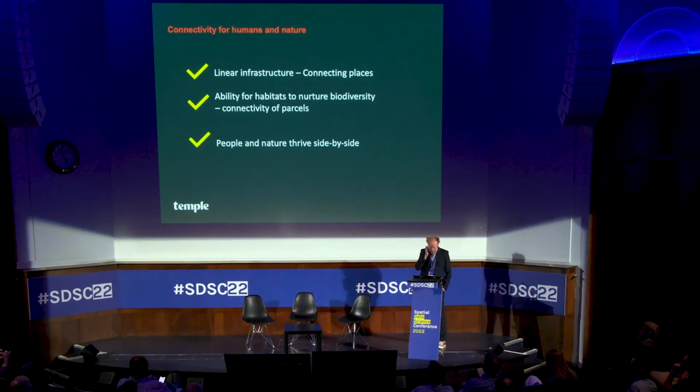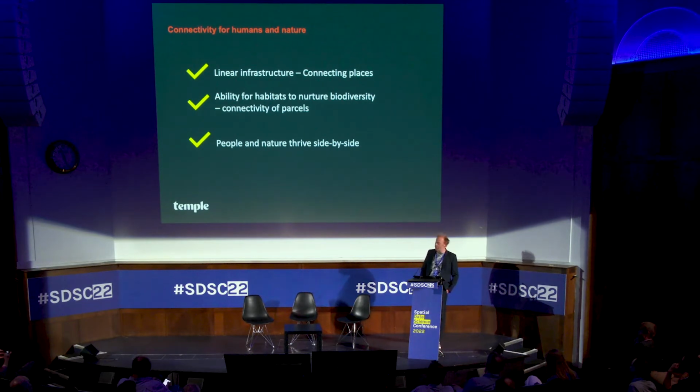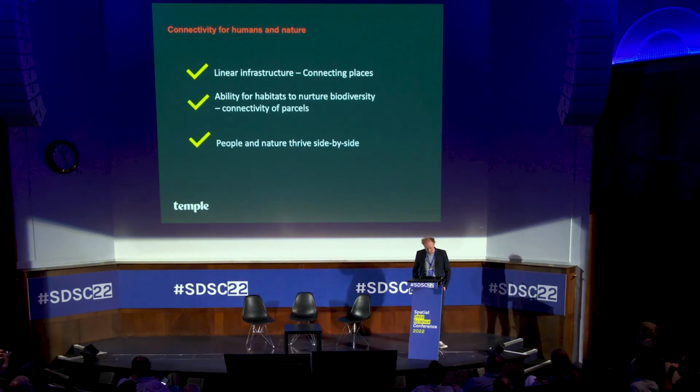Now, one of the inherent features of linear infrastructure is connectivity. Obviously, it's connecting places. It's allowing people to travel from point A to point B. And one important factor in a habitat's ability to nurture biodiversity is connectivity of habitat parcels.